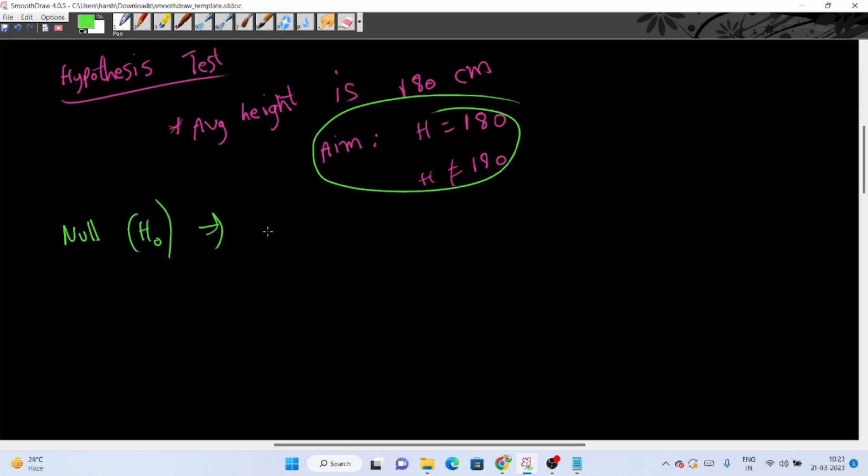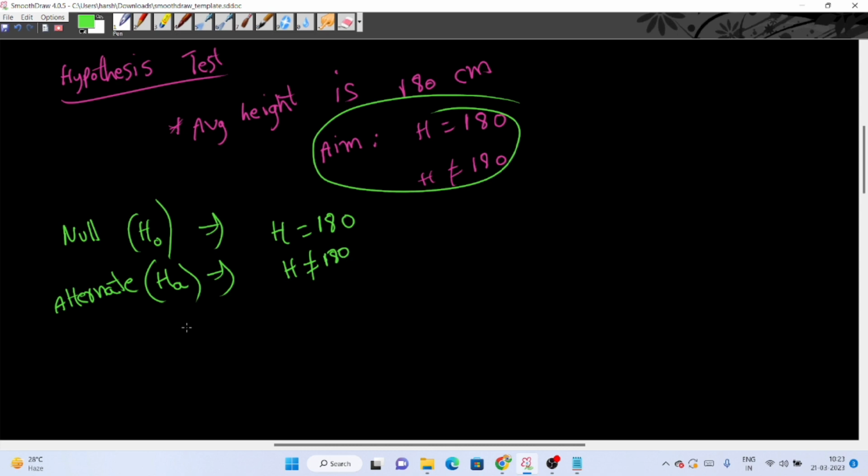That means what is told by him is that H is equal to 180, that means height is 180. After this null hypothesis, we have to write the alternate hypothesis, which is represented by HA, which we write as H is not equal to 180.